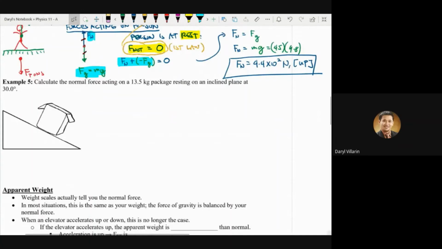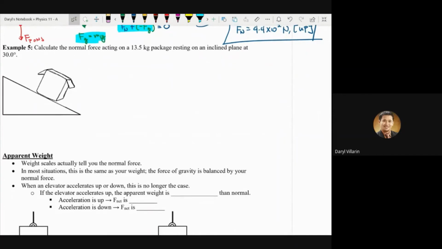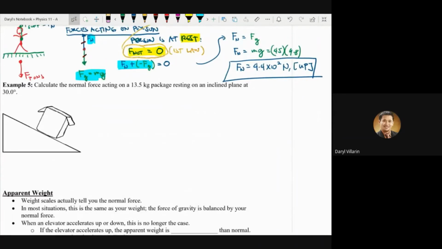Calculate the normal force acting on a 13.5 kilogram package resting on an inclined plane at 30 degrees. Remember, in this case it's angled off.